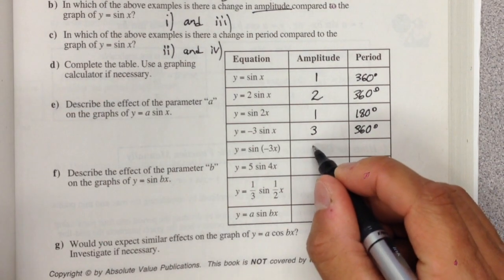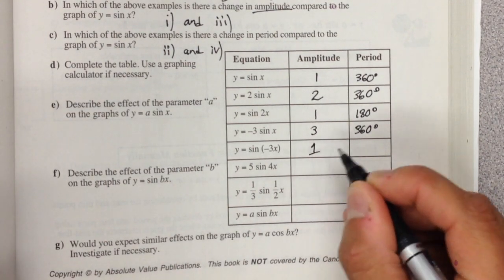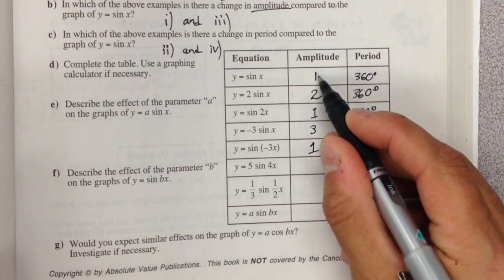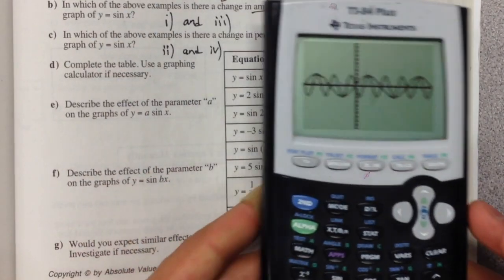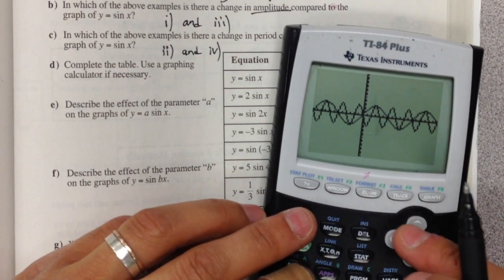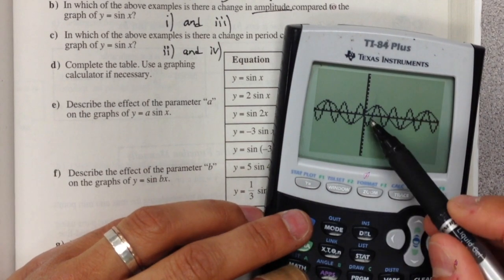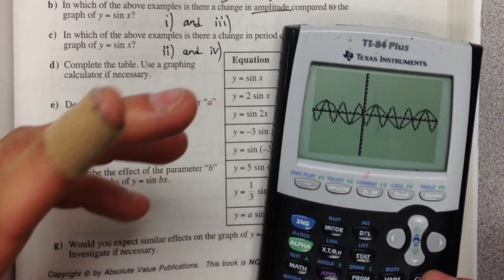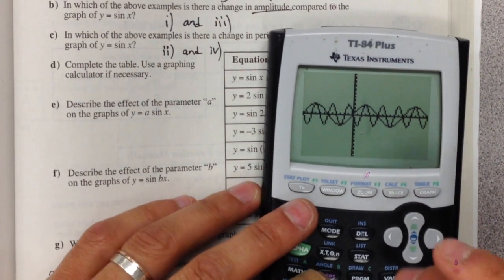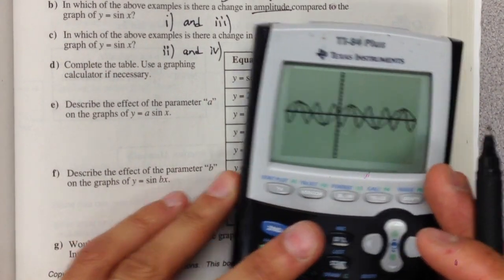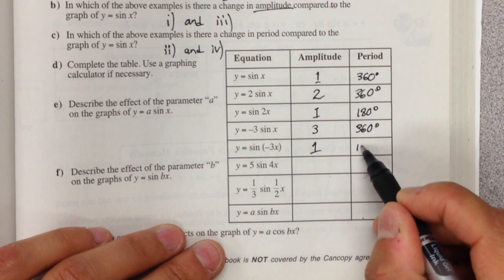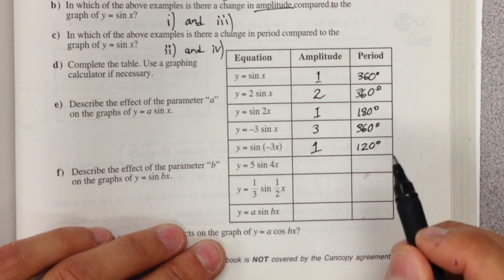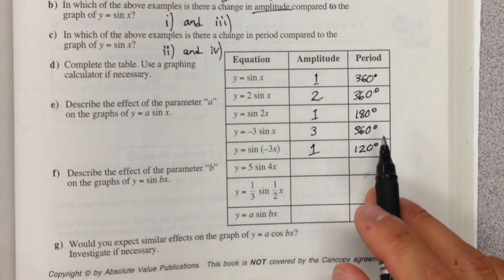So I have an amplitude of 1, but now my period on this graph is different. We'll look at how to get it a little bit later on, but this change in period is going to be 120 degrees. We'll talk about how we find these changes in period in a second.